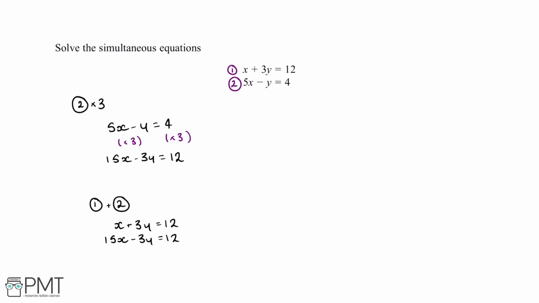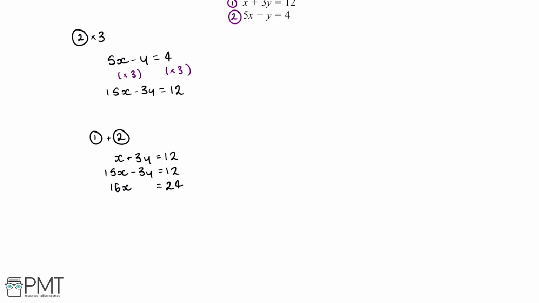So x plus 15x will give us 16x. 3y plus negative 3y will give us 0. And then 12 plus 12 gives us 24. So this tells us that 16x is equal to 24.